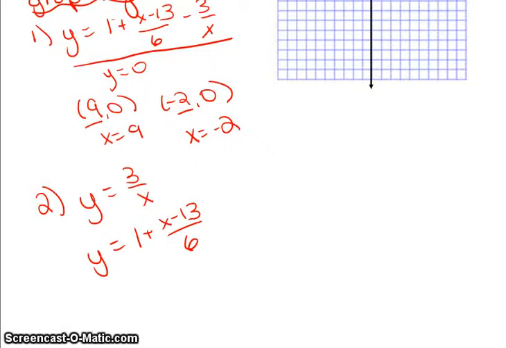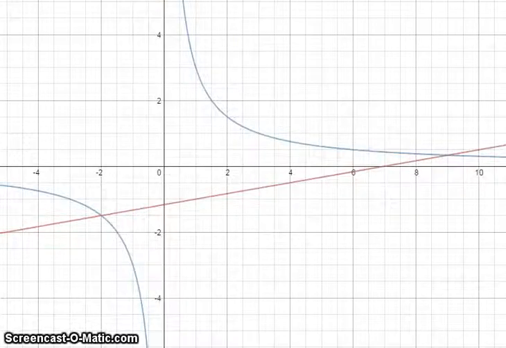Alright, so once again, here is the screen of my graphing calculator. And here, if you guys notice this blue line here, or these two blue lines, this is y is equal to 3 over x. And then this red line here is the other function, so that was 1 plus x minus 13 over 6. And so here we're looking at where they intersect.